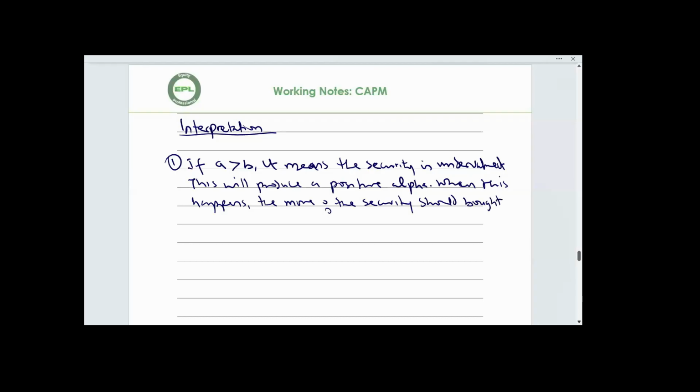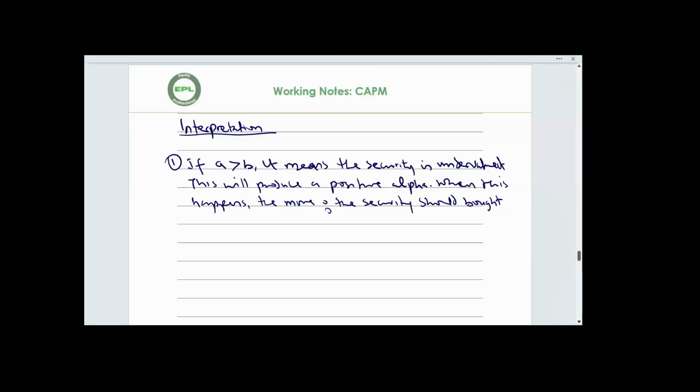So once you calculate your alpha and alpha is positive, it means that the security is undervalued. All right. So it means that the actual price of that security is less than the intrinsic value. So in this case, you need to buy more of that security so that when the price changes in your favor in the future, you dispose of it to make more money.